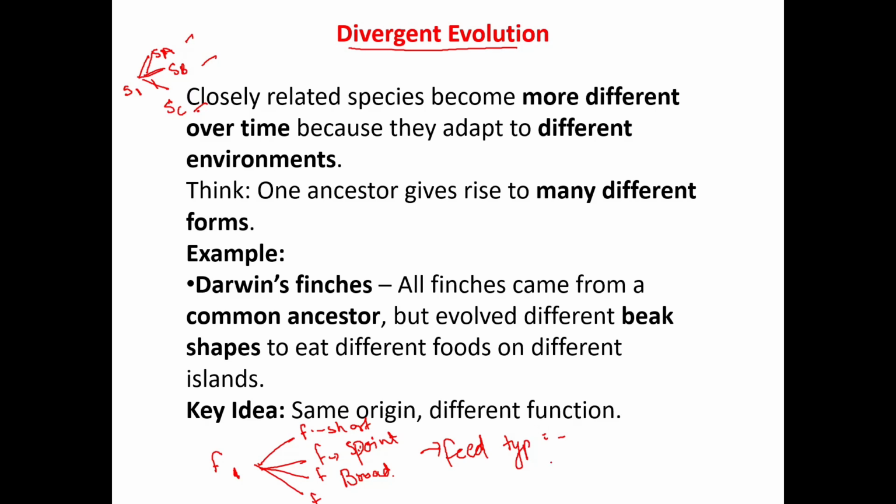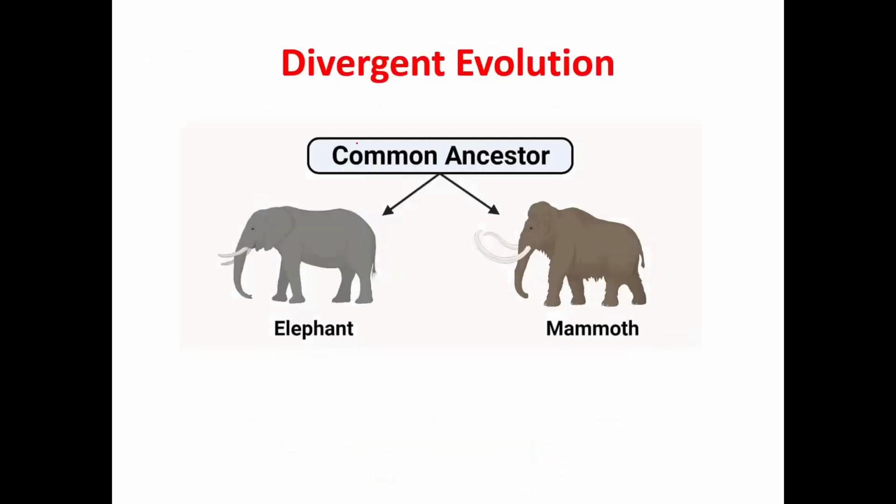So Darwin finches on Galapagos Island all came from one ancestor but developed different beak shapes depending on their food source. Food sources differ. Some birds eat fruit, seeds, insects, etc. This is an example of divergent evolution.